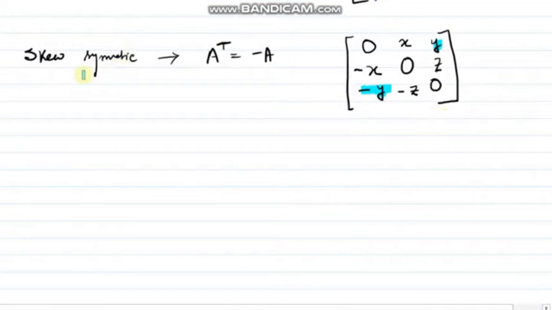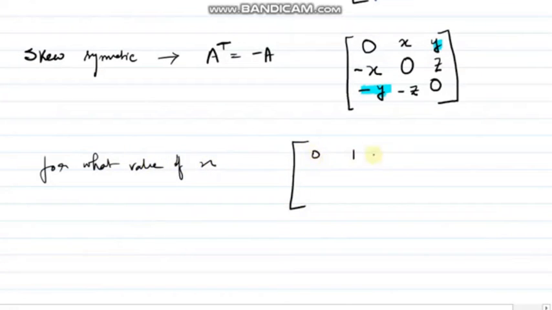From here you have to perform one of the very important sums: for what value of x is the matrix 0, 1, minus 2, minus 1, 0, 3, x, minus 3, 0 a skew symmetric matrix?